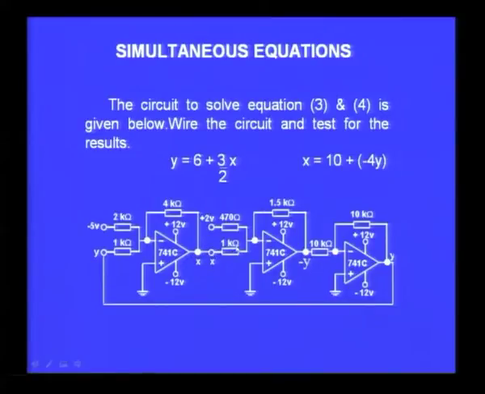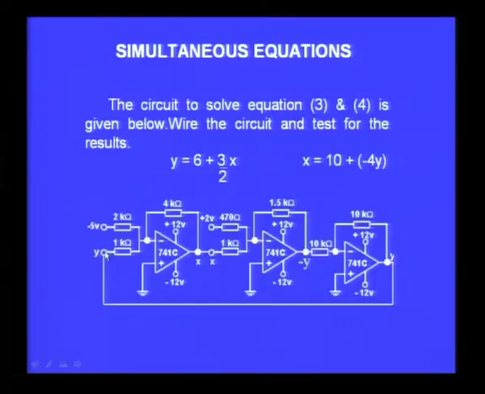So 3 by 2 x with a negative sign, I will get minus 3 by 2 x here, and this is 470 ohms which is close to 500 ohms, and this is 1.5, therefore it is 3 times the input voltage plus 2, that will give me 6 volts, again with a minus, therefore it is minus 6 volts. So what I get will be a minus y. Minus y is what I get here because it is minus 6 volts minus 3 by 2 x from this amplifier, and so I get a minus y.